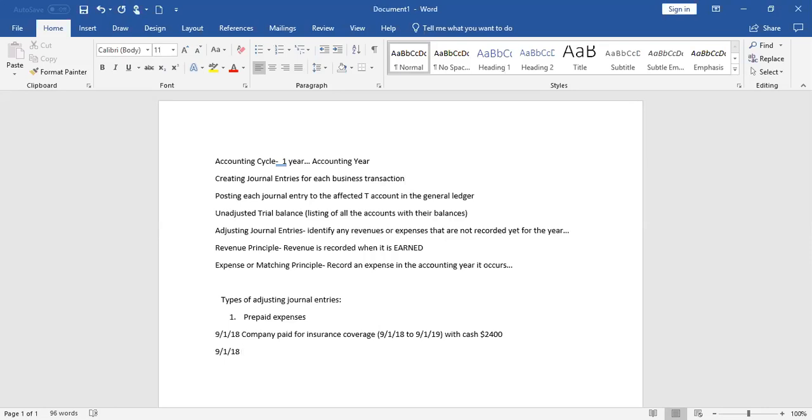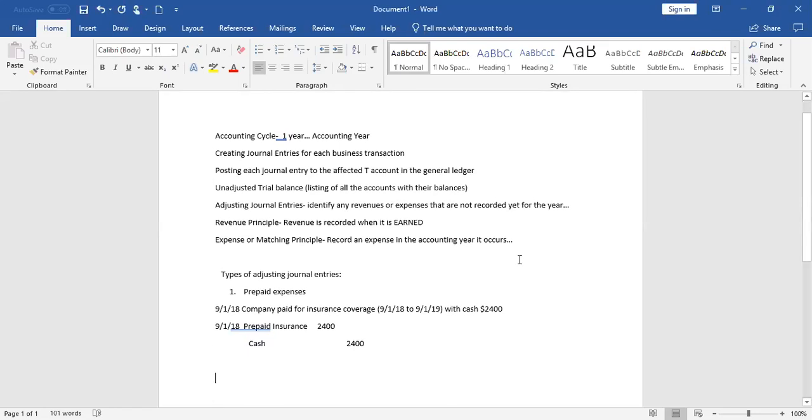So as of today, September 1st, 2018, when the company pays for this, they debit an asset account, prepaid insurance, for $2,400 because $2,400 of coverage is owed to them, if you remember that from Chapter 2. And then they credit the asset cash because they're paying for it with cash. So now remember, they've paid for this. They just didn't receive any service yet as of September 1st. So this sets us up.